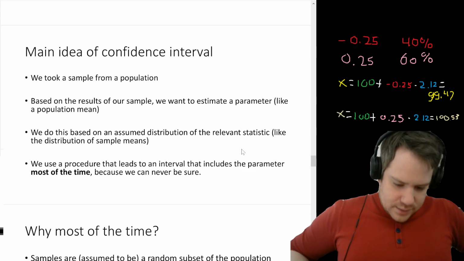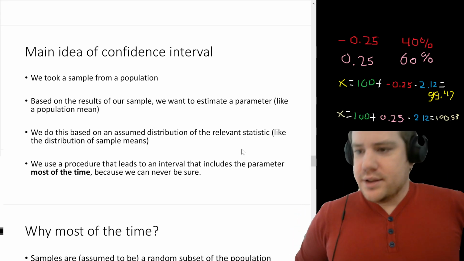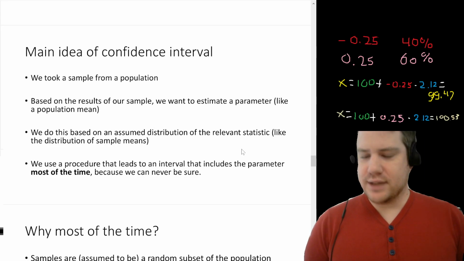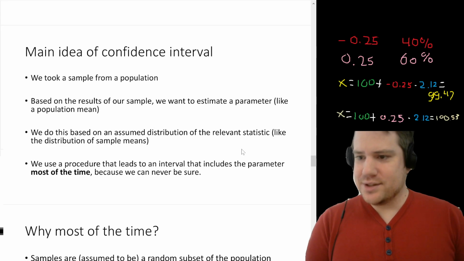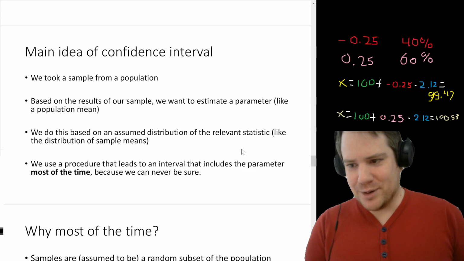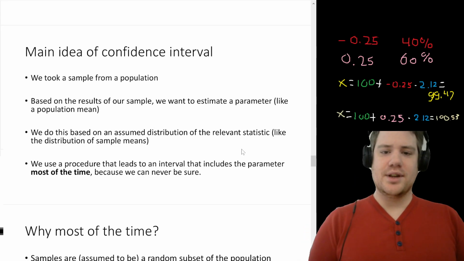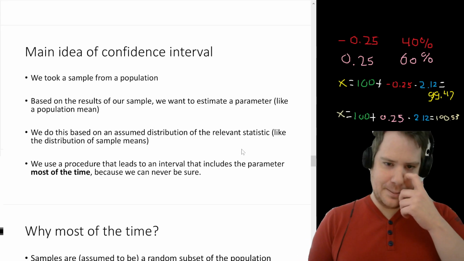To introduce confidence intervals, we're going to stick to the most straightforward type of data that allows us to calculate an actual confidence interval with as few mathematical components as possible. That's why we start with what we start. But the idea in general is always the same.